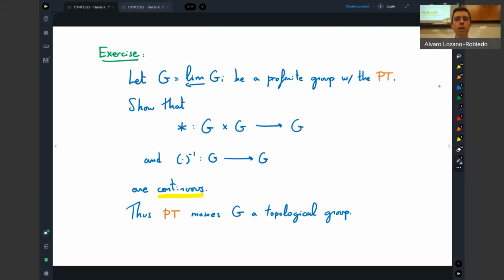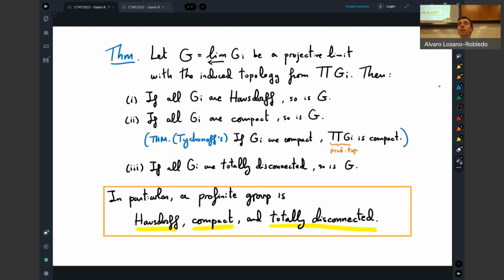All right. So here's an important theorem that I just previewed when the head of my department came in. If you have a projective limit, not profinite yet, any projective limit with the induced topology from the product group, then if all the G_i are Hausdorff, then the inverse limit is Hausdorff. If the G_i are finite, then that is a discrete topology, and that is automatically Hausdorff.